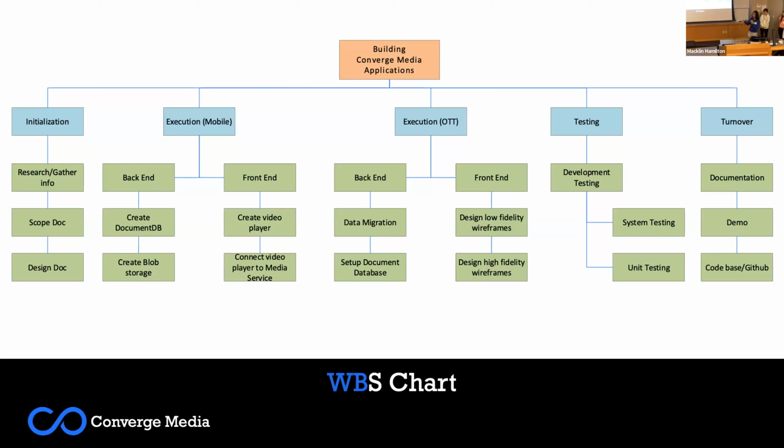And for testing, we plan to do things like development testing, release testing, and user testing. And finally, for our turnover, we're planning to hand over our code base, our presentation files, and our demos, as well as our account information, so that Converge can access all the things they need once we're done with this project for now.